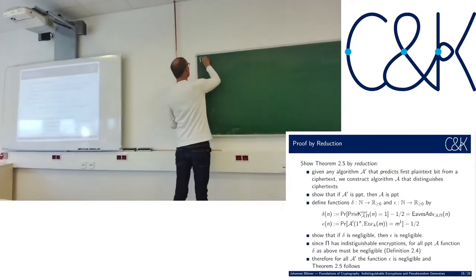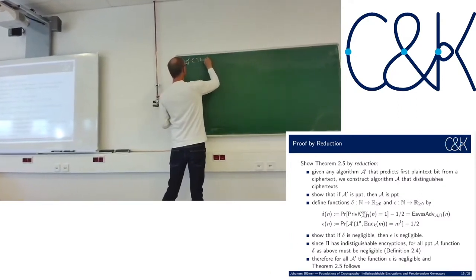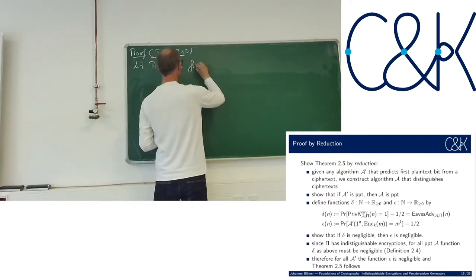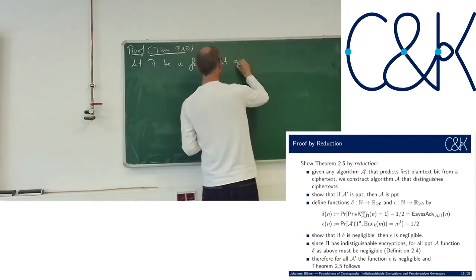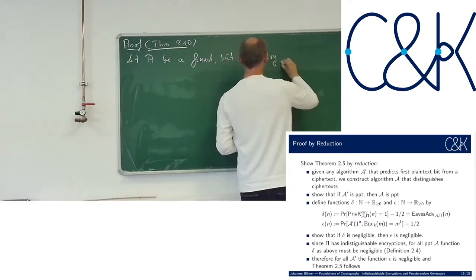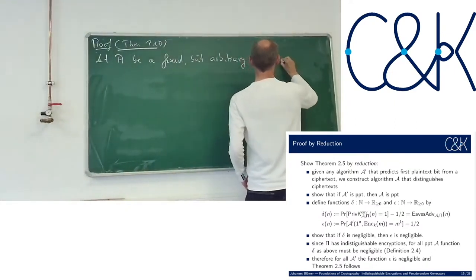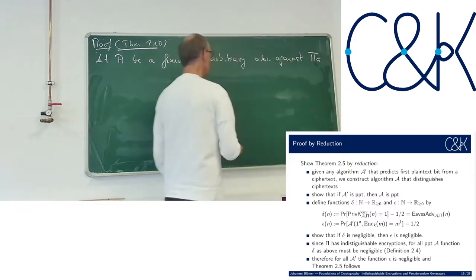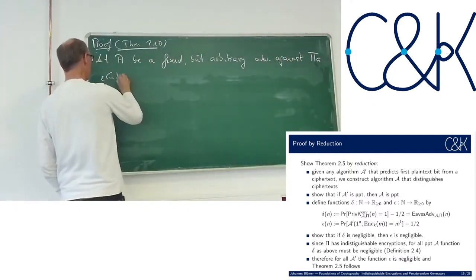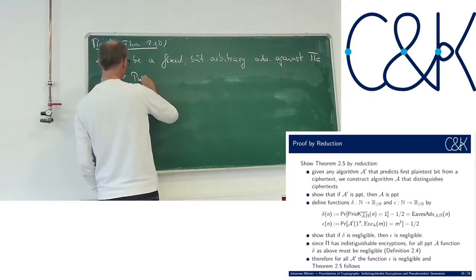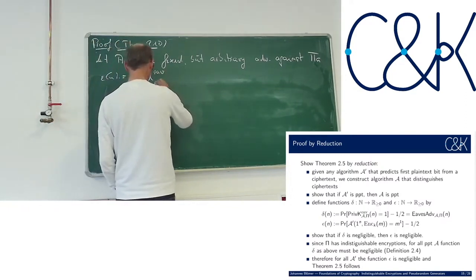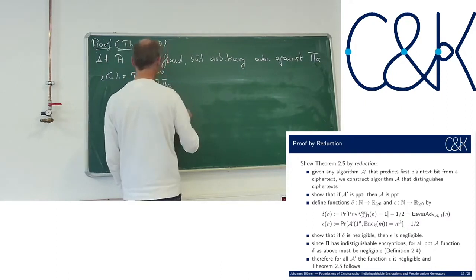Proof: let A be a fixed but arbitrary adversary against pi G. We said epsilon of n is the eavesdropping advantage of A against pi G.